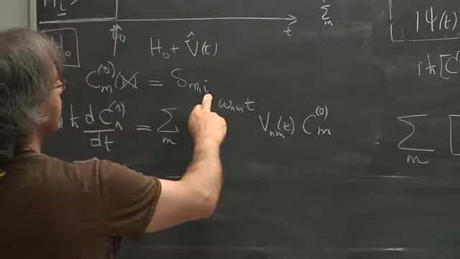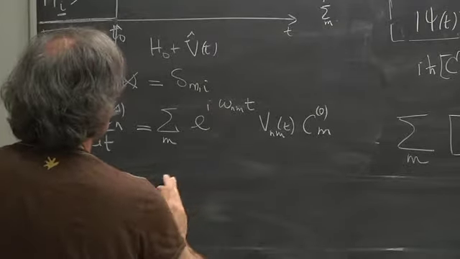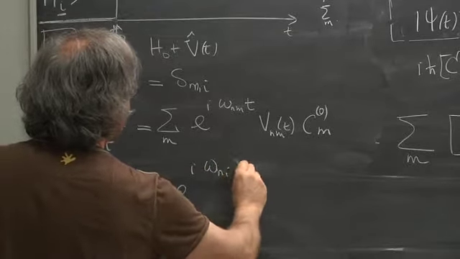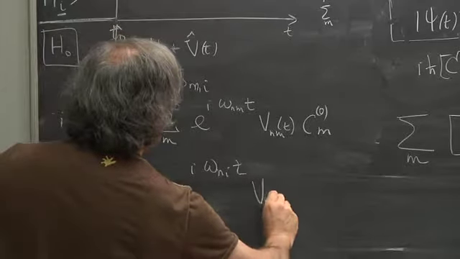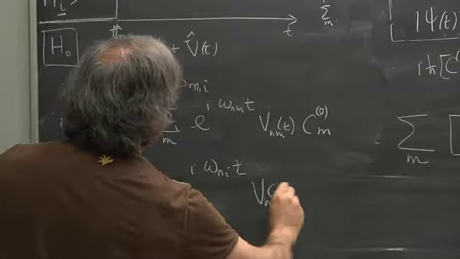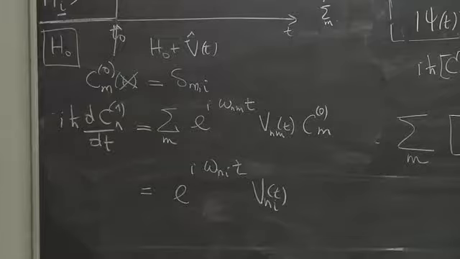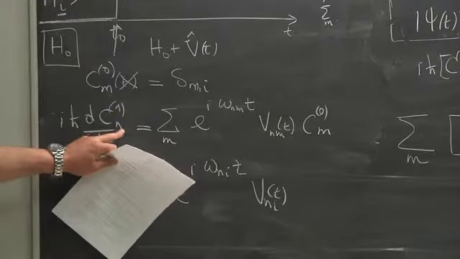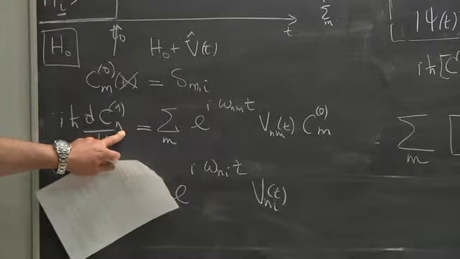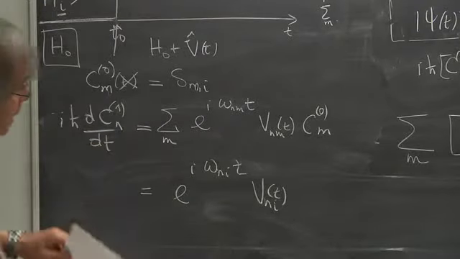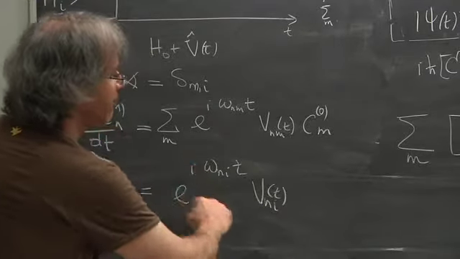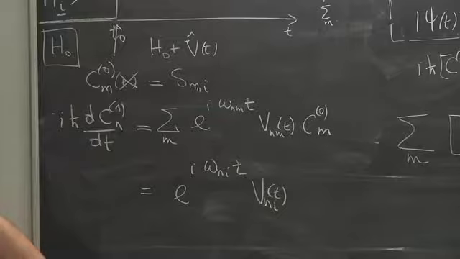There is only one term, the term number I. So e to the i omega n I t Vn I (t), that's it. So the coefficient to first order of the state number n is simply Vn with the initial state times a phase factor. Is this clear?